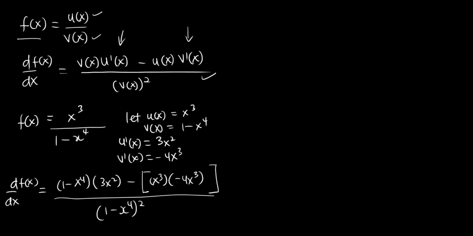Now let's simplify this and see what we get. I have df/dx equal to, we are going to distribute this 3x squared to this bracket here. That's going to be 3x squared minus 3x to the power 6. Then let's bring our minus sign here, and inside the square bracket we're going to have x cubed multiplying minus 4x cubed.